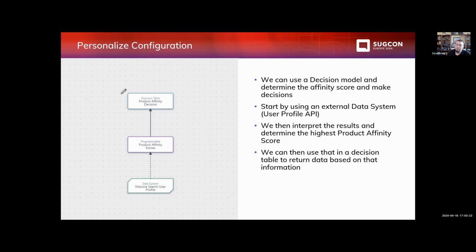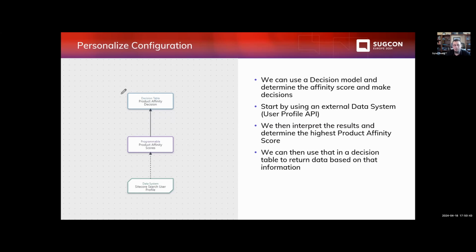We can then pass that up to a programmable. There are a couple of options, actually. You can pass it up to the programmable that just surfaces up all that affinity information, however you want it structured. Or you could skip that step if you wanted to, or you could have it return back only specific affinities.